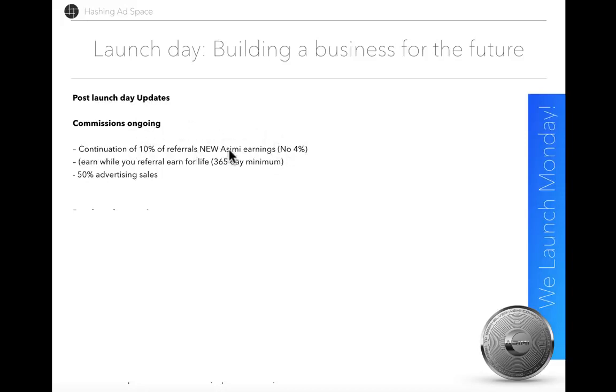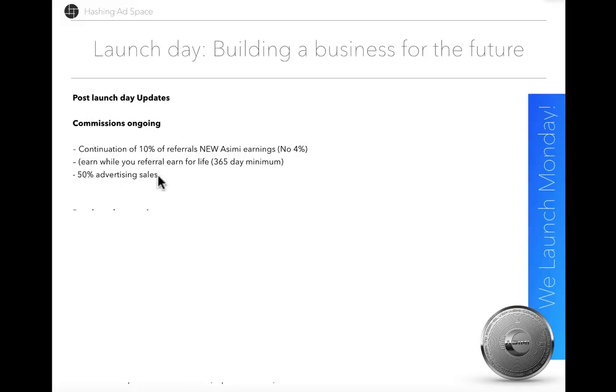You can already see the commissions coming in from your referrals' minting activity. It's going to remain like that into launch and indefinitely, meaning that any of your members that set up an Asimi stake and start minting ads for the next 365 days, you're going to earn every single day. So that's a very exciting announcement, and I hope that you'll appreciate those ongoing commissions.